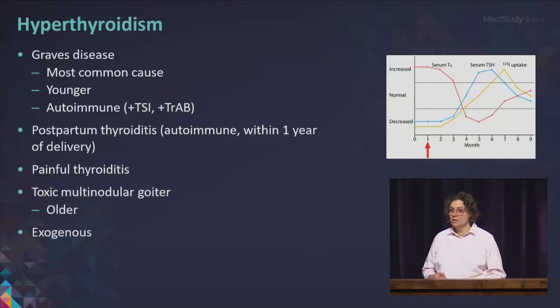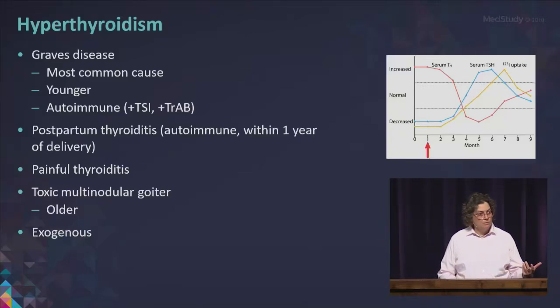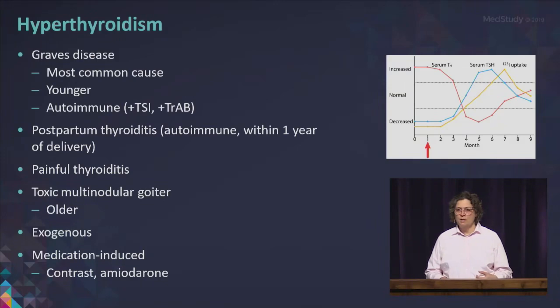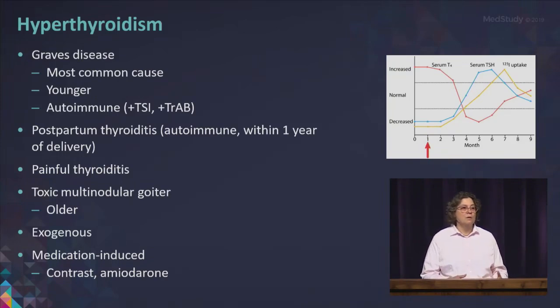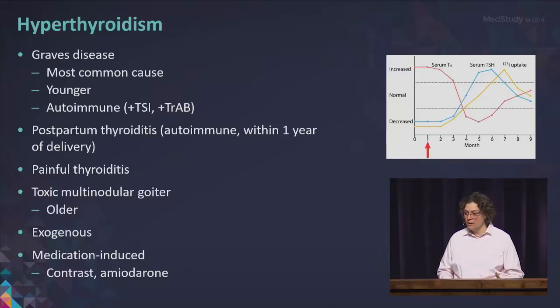You can have exogenous hyperthyroidism, meaning we're taking too much medication, or you can have medication induced. So this is your 80-year-old that comes in with hyperthyroidism who had angiogram 2 weeks before. This is iodine-induced hyperthyroidism. Or amiodarone. Amiodarone causes 2 different kinds of hyperthyroidism. When you look over here at our thyroiditis graph, you'll find that hyperthyroidism is the first phase of thyroiditis.